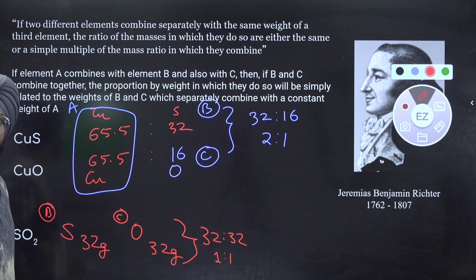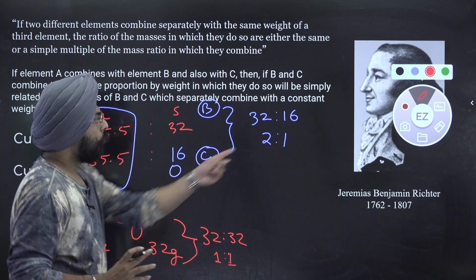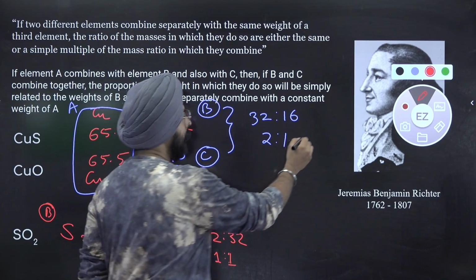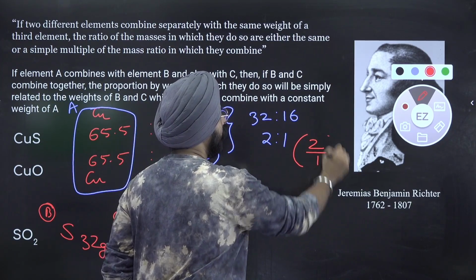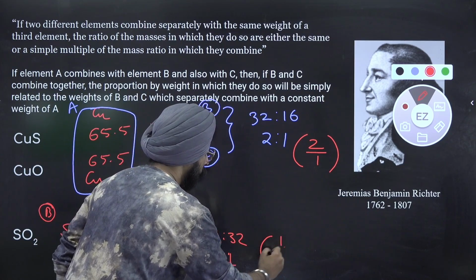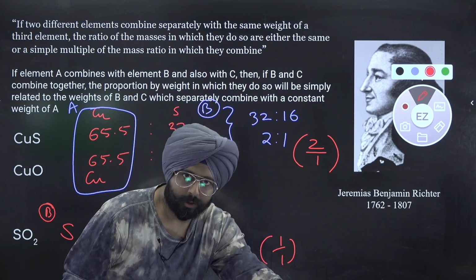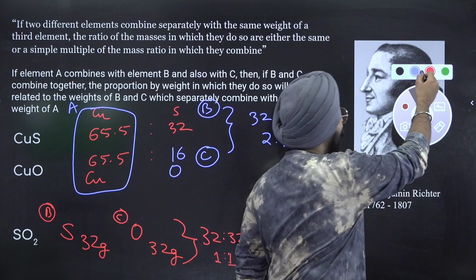Fine. Now people, 2 is to 1. Can I simply write it as 2 divided by 1? 1 is to 1. Can I simply write it as 1 divided by 1? I can, right? Now what you have to do, okay?